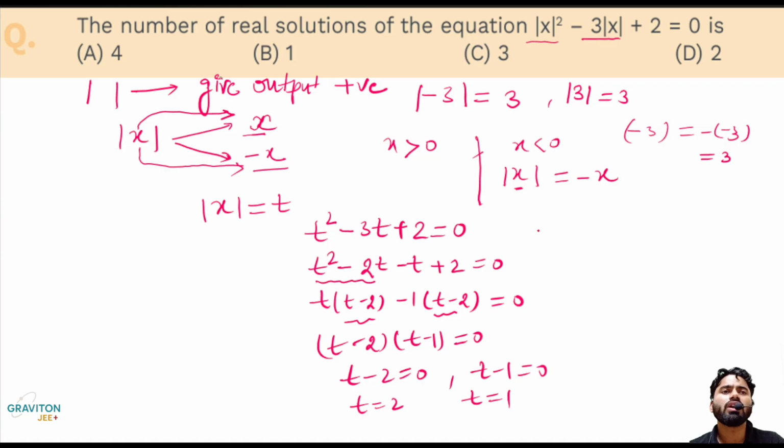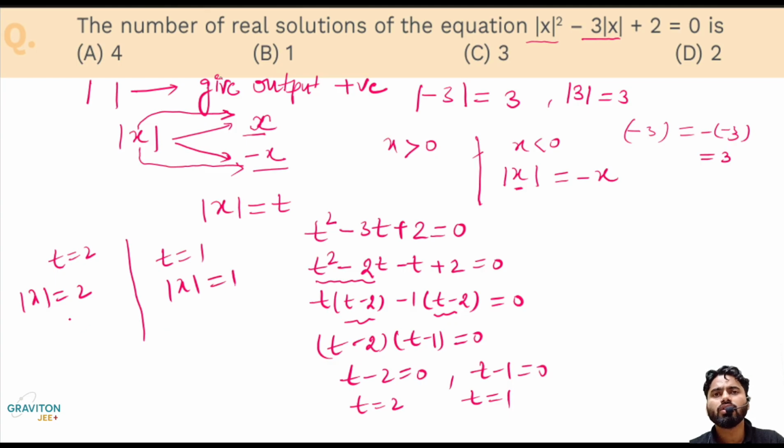We already assumed that t equals mod x. So for t equals 2, mod x equals 2, and for t equals 1, mod x equals 1.